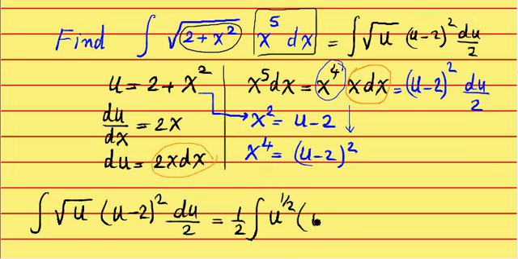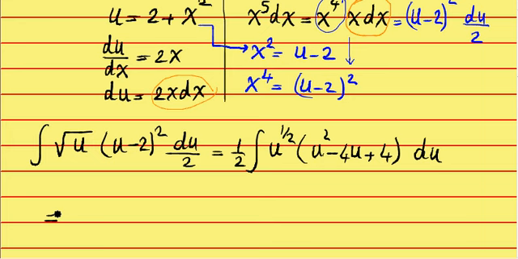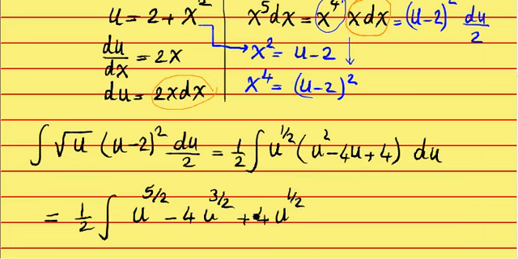Open that, u squared minus 4u plus 4, du. Next step, I just carry out the multiplication. U to the power of half times u squared is u to the power of 5 halves, minus 4u to the power of 3 halves, plus 4u to the power of a half. The whole thing is du.